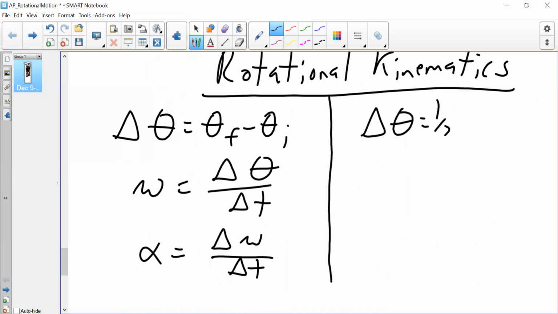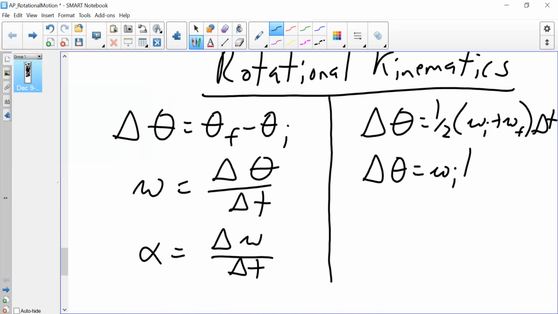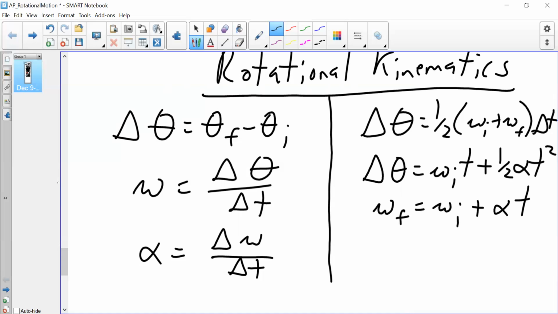Delta theta equals 1/2 omega initial... And obviously, it's a conglomerate of x and y, so there are no components because you're spinning, which uses the entire plane, needless to say. Questions on that?